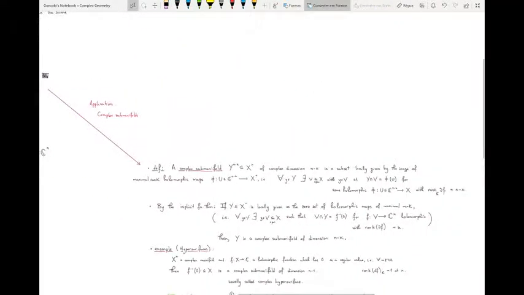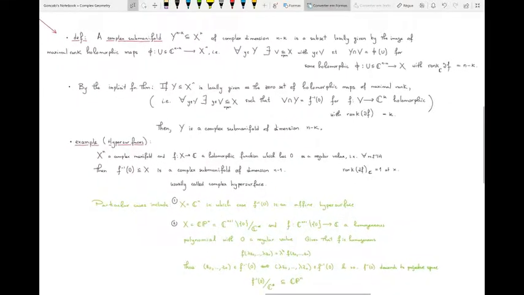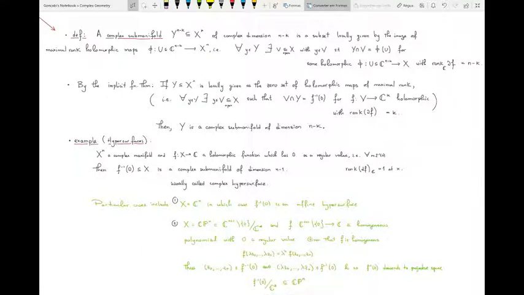Okay, so now let's go to our application to see what complex submanifolds are. So a complex submanifold of dimension n minus k of another complex manifold of dimension n.